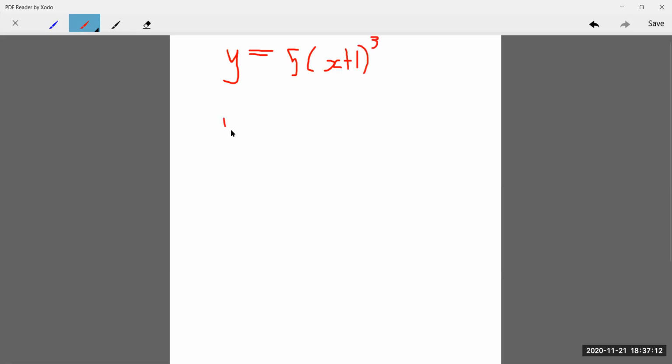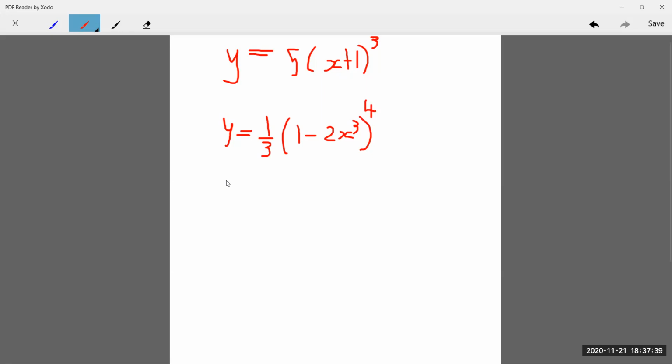Let's say y is equal to 1/3 times (1 minus 2x) cubed, all of this raised to the 4th power.